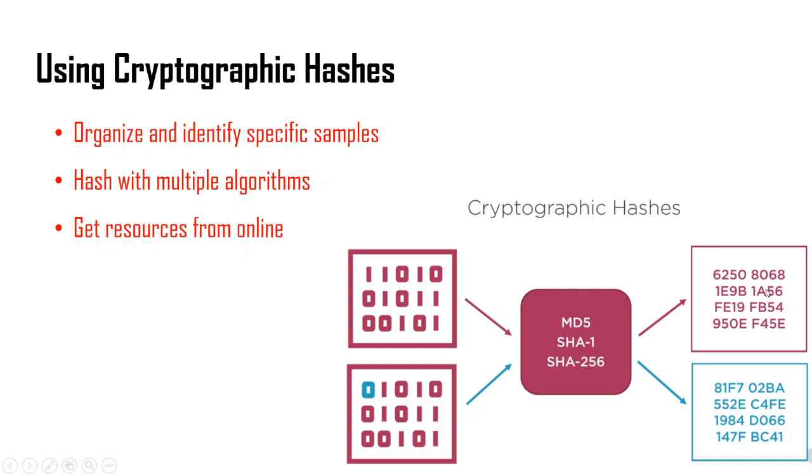This is a fingerprint of a particular file. Again, the left-hand side is a file. Whether I pass this file to MD5 or any hashing algorithm, it will convert it into a hash. It starts with 6250, right? This is called the cryptographic hash of a particular file.